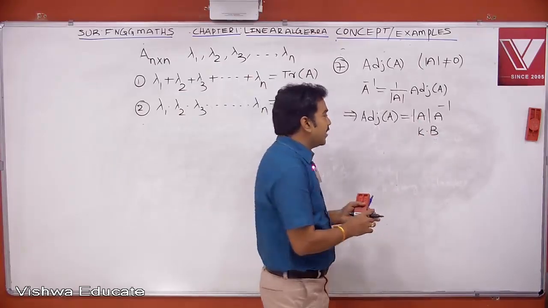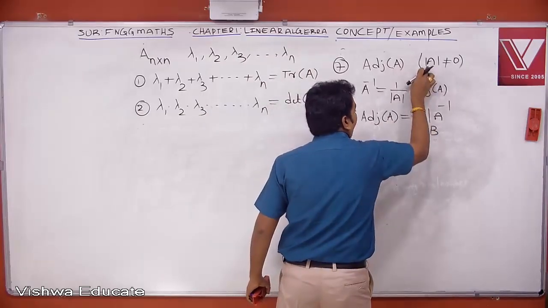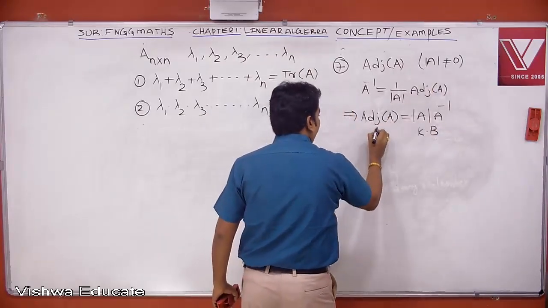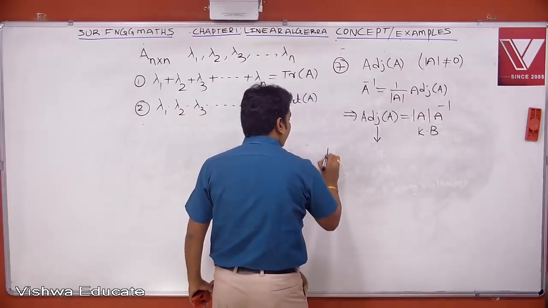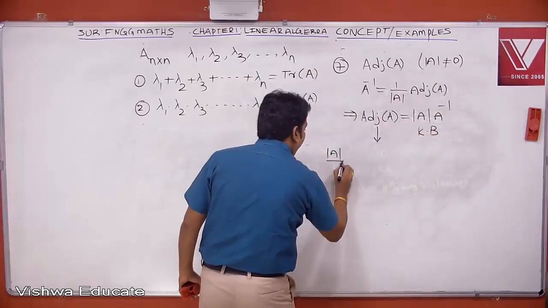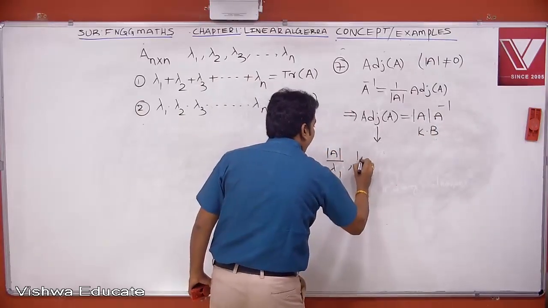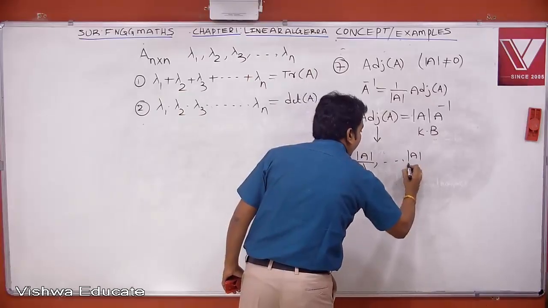Therefore I can easily get the eigenvalues of the adjoint of A using this rule when det A is not equal to 0. So det A is some constant, and the first eigenvalue of A inverse is 1 by lambda 1. So the eigenvalues are det A by lambda 1, comma, det A by lambda 2, and so on, comma, det A by lambda n.